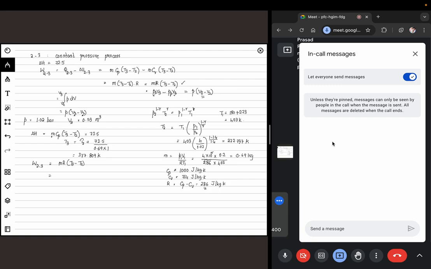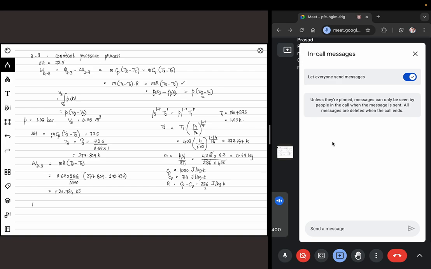I don't think that would change my final answer drastically. So you know the value of M, 0.69, times you know the value of R. I'm just dividing by 1000 to convert it into kilojoule, times T3 minus T2. This is in the process 2 to 3.